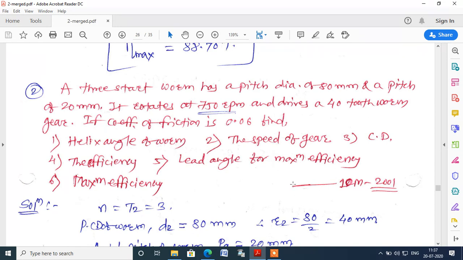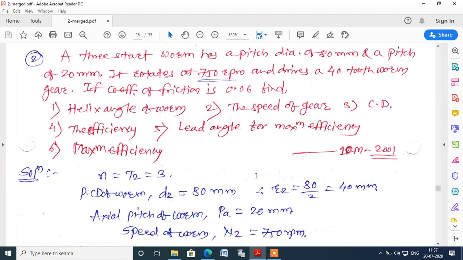If the coefficient of friction is 0.06, you have to find: number 1, helix angle of worm; number 2, the speed of gear; number 3, center distance; number 4, efficiency; number 5, lead angle for maximum efficiency; and number 6, maximum efficiency. It was asked in the 2001 exam for 10 marks.